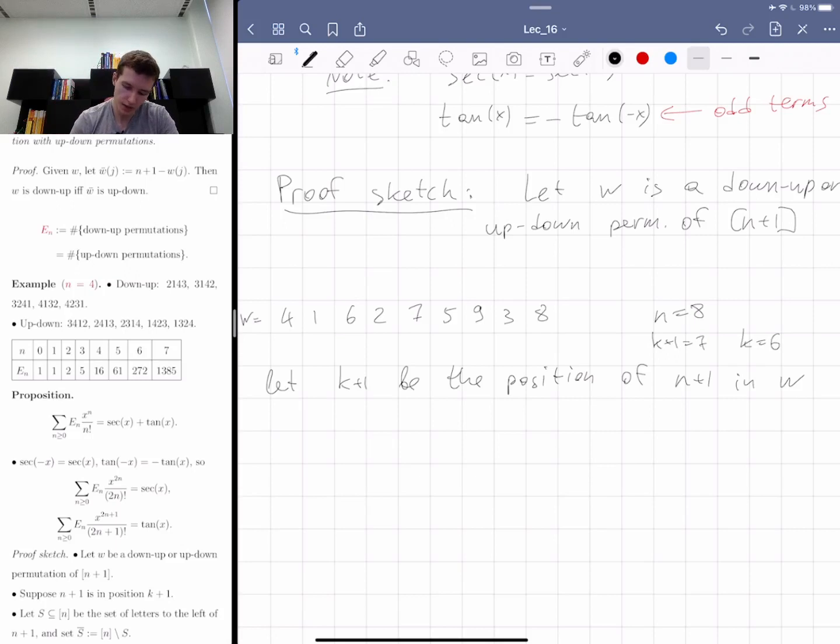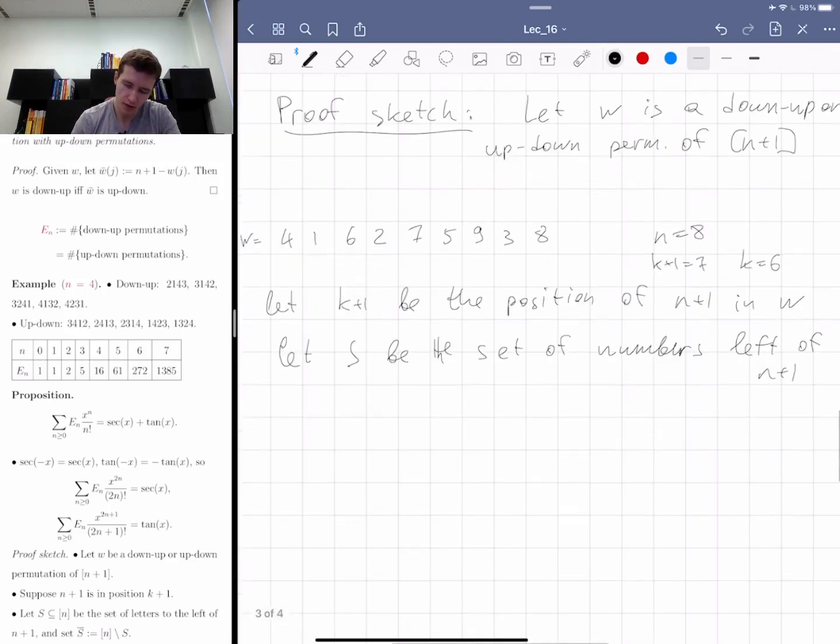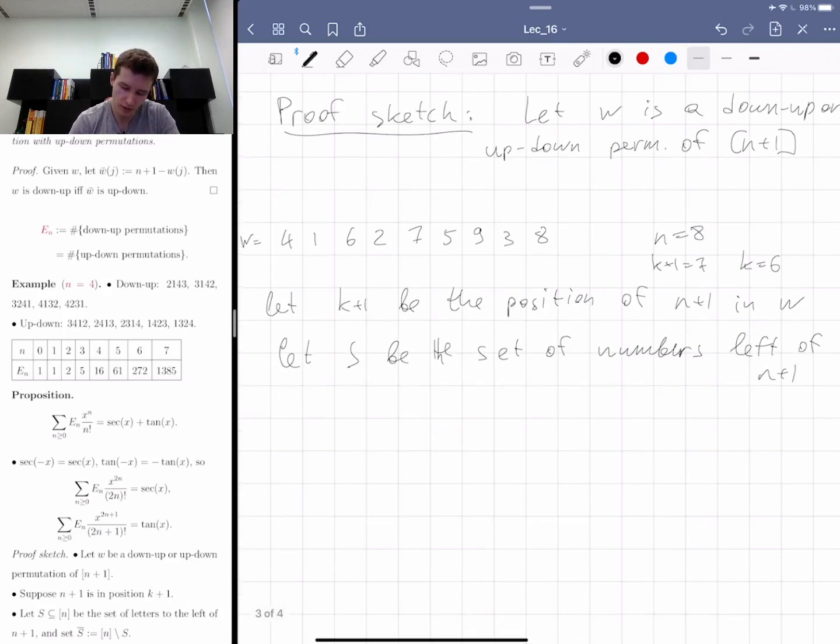And now let S be the set of numbers to the left of n plus 1. In my example here, S is the set 4, 1, 6, 2, 7, 5.